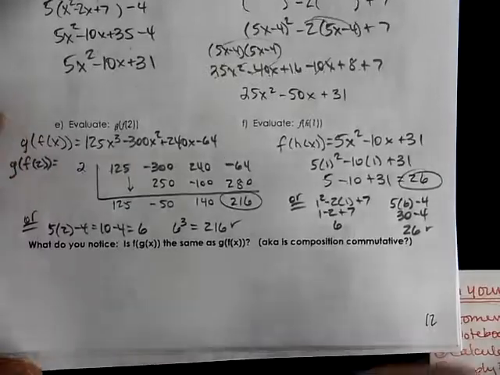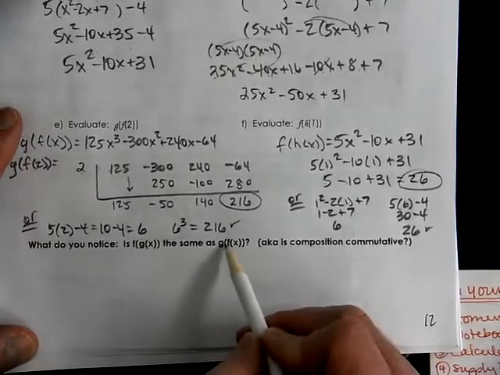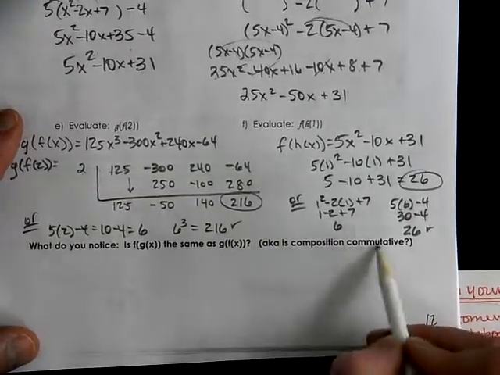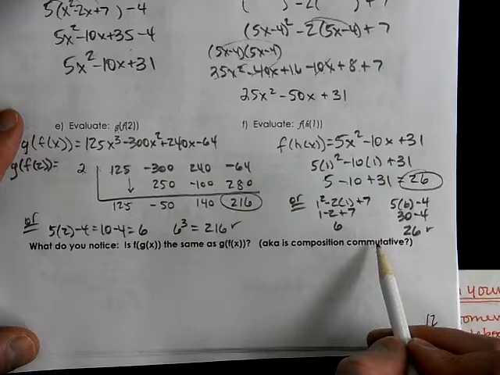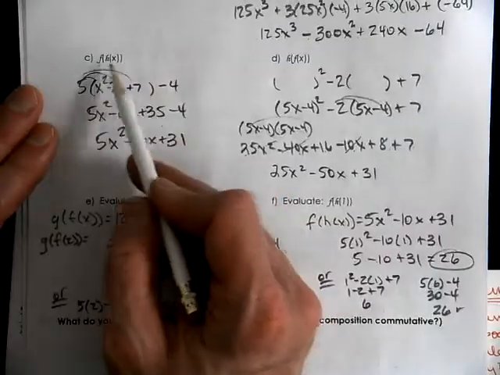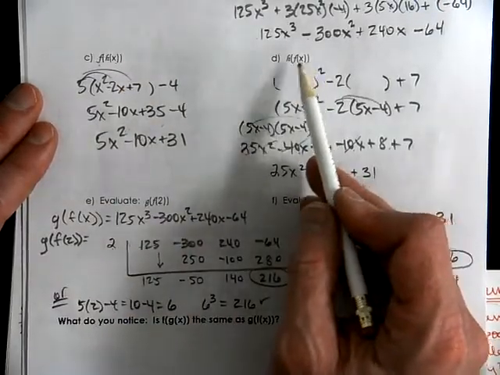And we've already answered this question a few times. Is f of g of x and g of f of x the same thing? Can you switch it? That's what this means. Commutative property. And we know that to be no, it isn't. Because here is f of h of x and here is h of f of x.